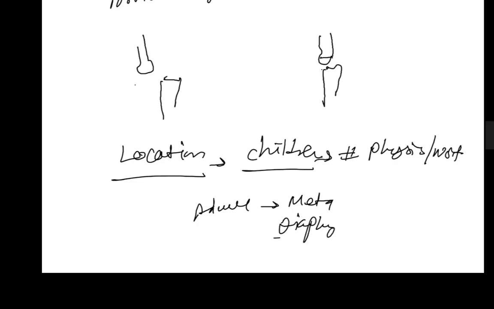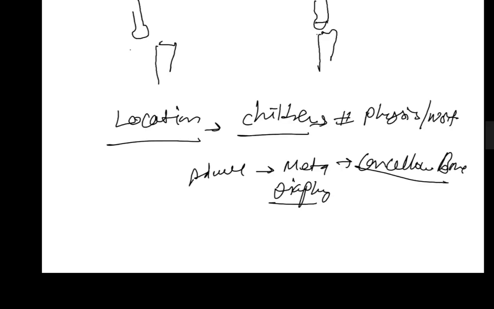Because metaphysis has cancellous bone, it can lead to depression of the fracture fragment, depression of the articular surface, and their complications. In the diaphysis, there is cortical bone. Then there is the metadiaphyseal junction, which is vulnerable to fracture.